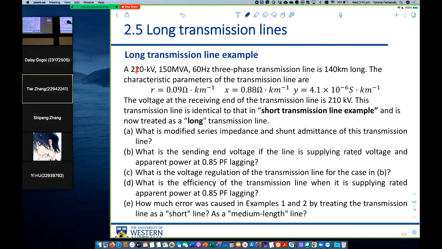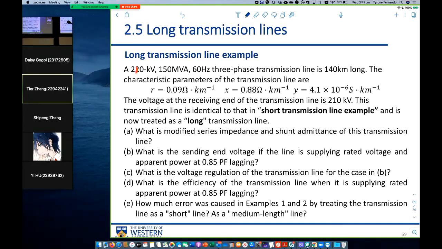This transmission line is identical to that in the short transmission line example, and is now treated as a long transmission line. That's fine. I only have the receiving end voltage. Anyway, it doesn't matter. Let's proceed.